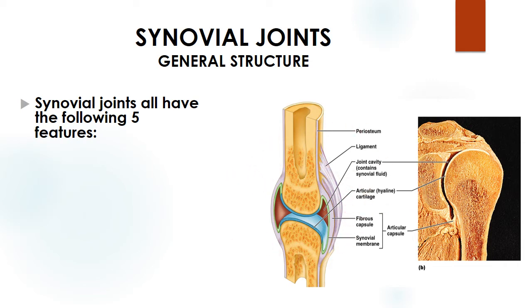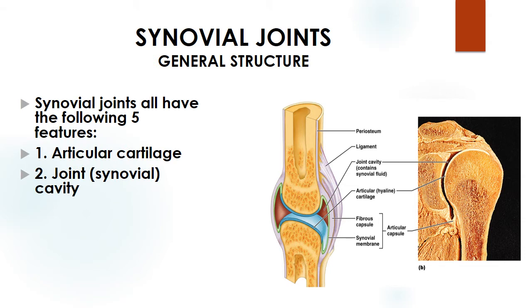Okay, so let's talk about the general anatomy of a synovial joint. Well, all synovial joints in the body, regardless of where we're talking about, have the following 5 features in common. Number one is the bones that make up the synovial joints are lined with articular cartilage.